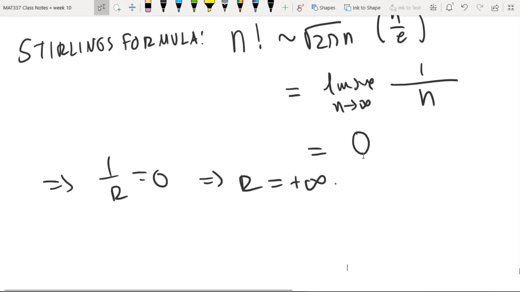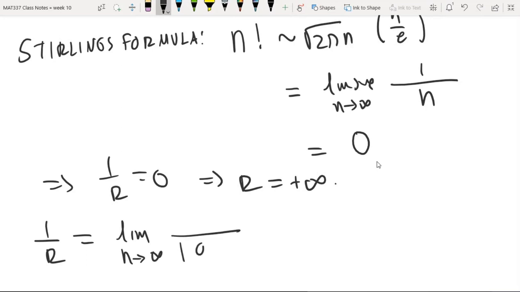But I understand that this root test can be a bit hard to work with. So you can also use the ratio test. You get an plus 1 and an, and that's much easier to work with.